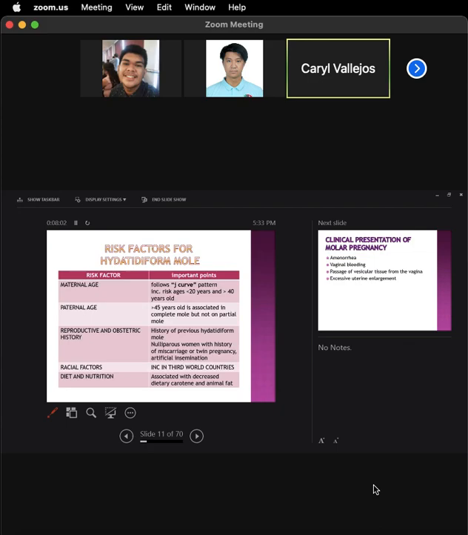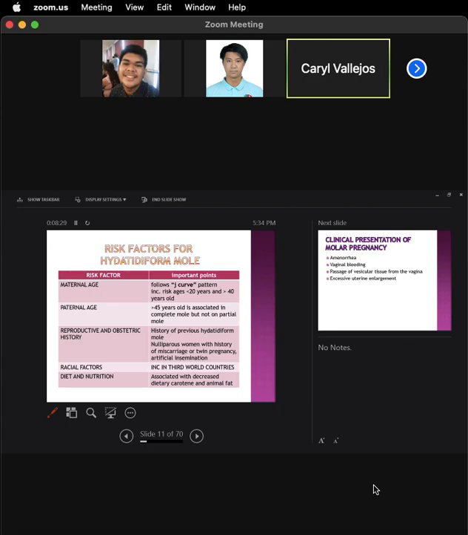For the paternal age, greater than 45 years old is associated with complete mole but not with partial mole. For the reproductive and obstetric history, previous hydatidiform mole, nulliparous women with a history of miscarriage or twin pregnancy, and artificial insemination have increased risk of having a hydatidiform mole.